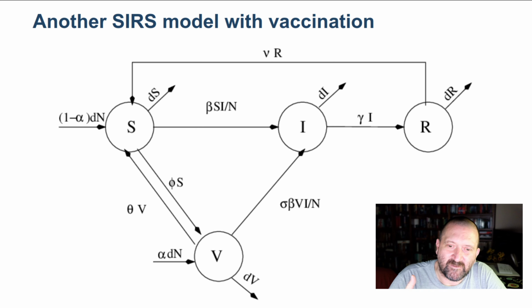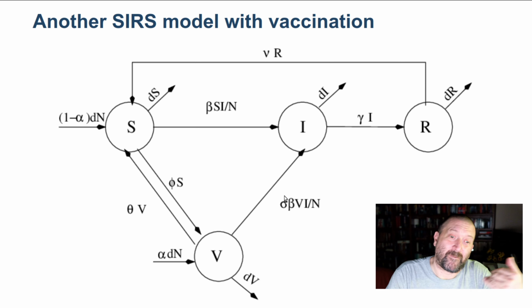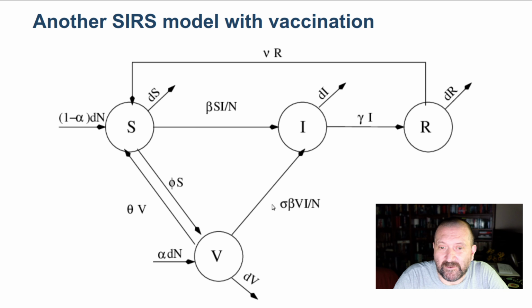So sigma equals 1 means the vaccine has 0 efficacy, and 1 minus sigma is the efficacy of the vaccine. Likewise, at the other end of the spectrum, if sigma is equal to 0, this arrow does not exist, which means the vaccine is 100% efficacious. Reality is somewhere in between. You would not vaccinate someone with a 0% efficacious vaccine, and unfortunately, 100% efficacy with vaccines is very rarely, if ever, achieved. But the rest of the model is the same.